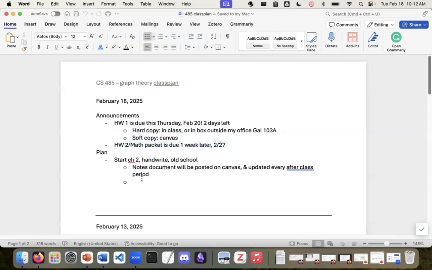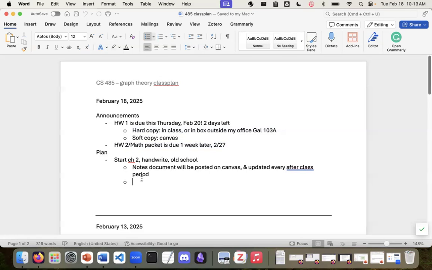All right, so my plan is for us to just start chapter 2. We've gone over what a graph is in general, and what we can use it for. Now we're going to start actually talking about definitions and drawing some pictures.